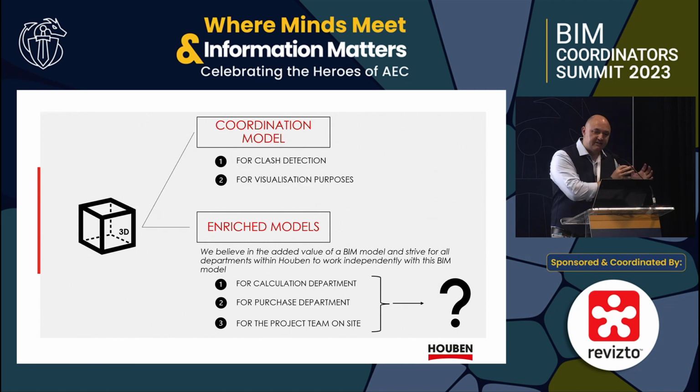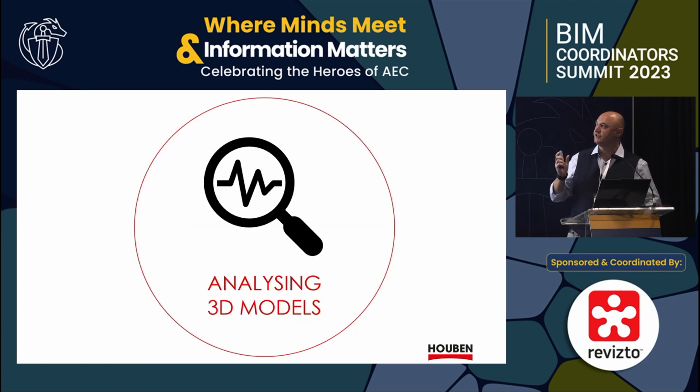So next to the coordination model, we also make enriched models. Because we believe that all departments and all the people within those departments should be able to work independently with the BIM models. So it's very important. How do we make those enriched models? Also something that I'm going to come back to later in this presentation.